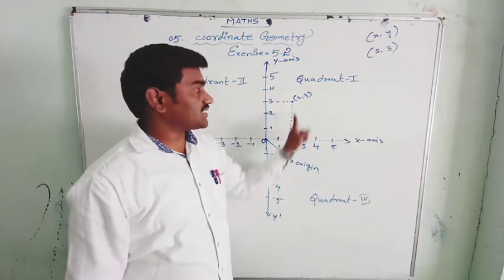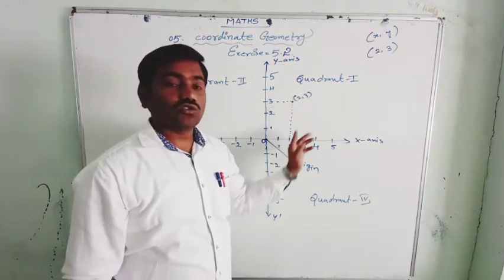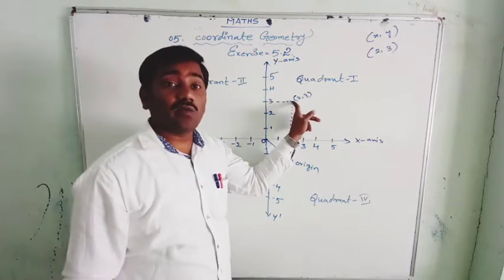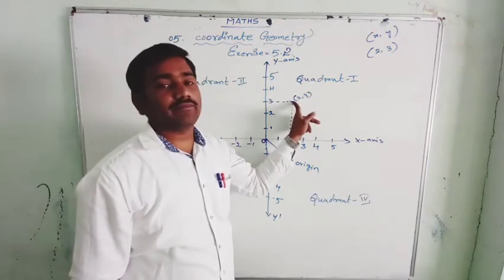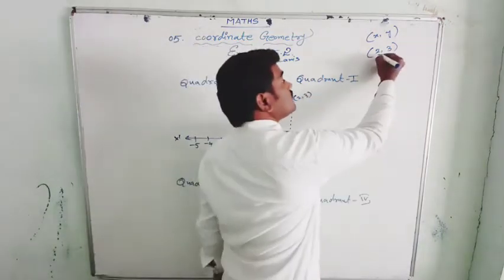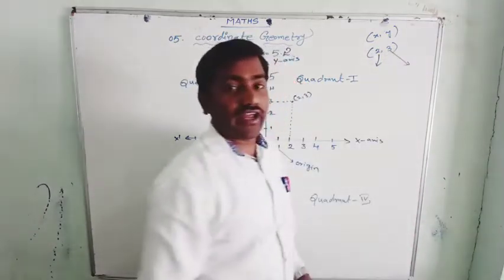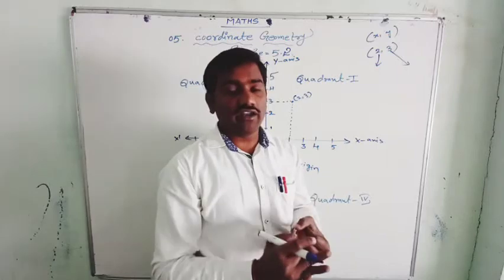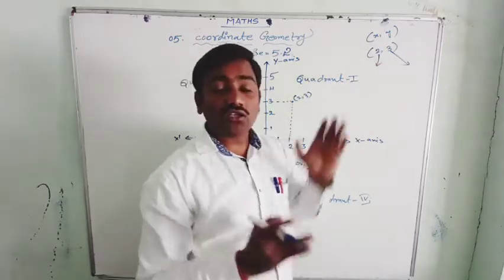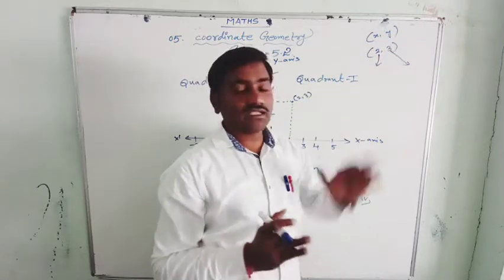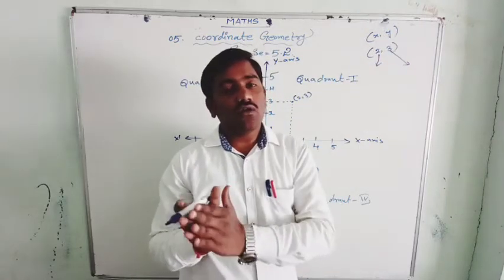That means x-axis 2 and y-axis 3. Here 2 is known as the abscissa and 3 is known as the ordinate. The x-axis values are known as abscissa and the y-axis values are known as ordinate.